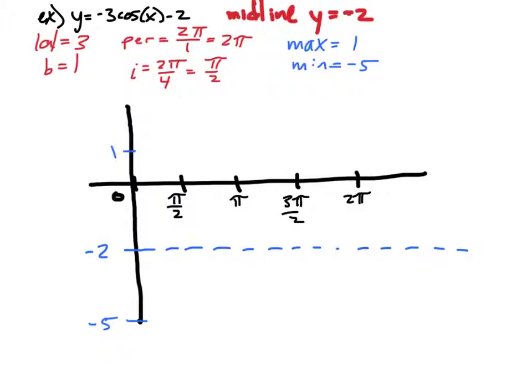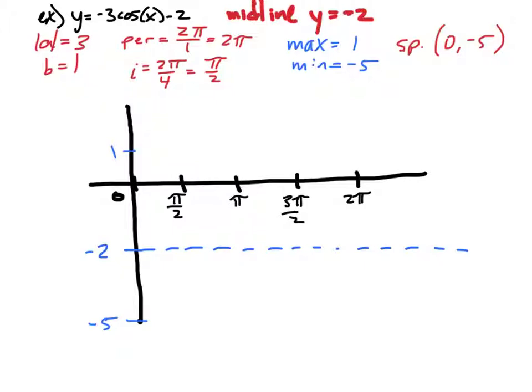So my starting point, I'm just going to label it SP. It always starts at h. Remember, h was 0. And since it's a negative cosine, I start at k minus a. So negative 2 minus 3 was negative 5.